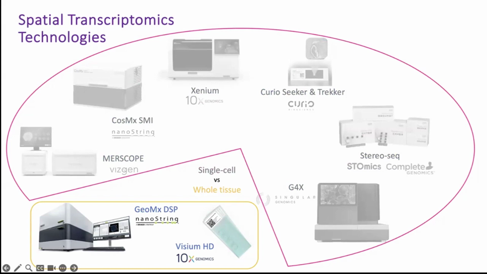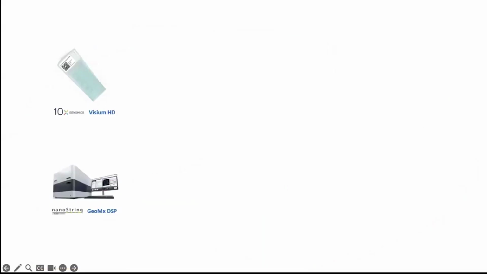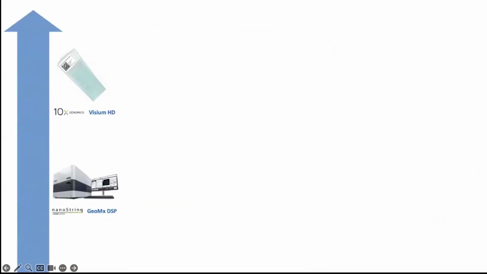So the first question that you should ask yourself is, for your project, do you really need single cell resolution, or do you need whole tissue? Or maybe you need both. So if you need the whole tissue, let's discuss your choices here.